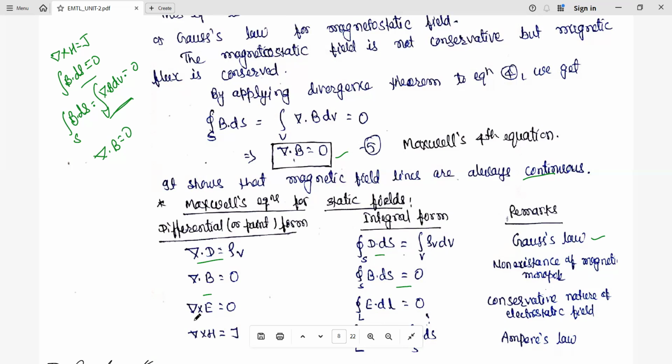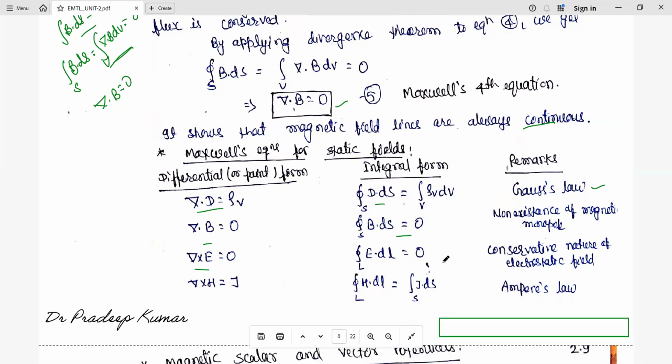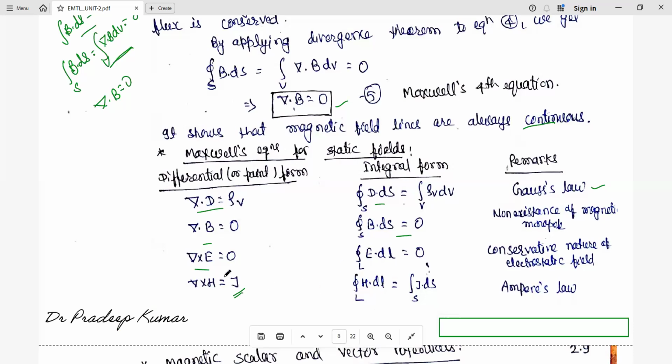Again, we have del cross E equal to 0, and here we have the integral of E dot dl equal to 0. This shows the conservative nature of the electrostatic field. The fourth one is del cross H equal to J, where J is the current density. In the integral form, using Ampere's circuital law, the integral of H dot dl equals the current enclosed.